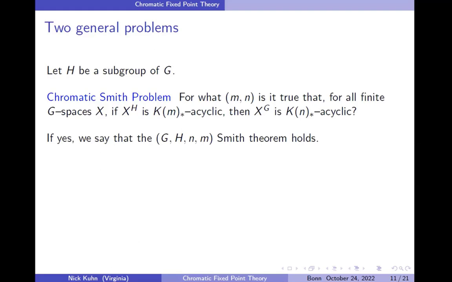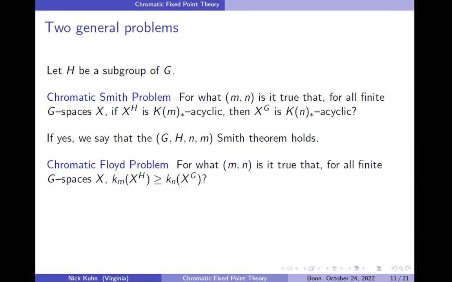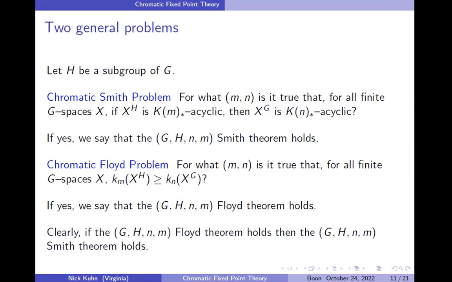So if you have an m and an n and a G and an H, for which this is all holding, we'll say the Smith theorem holds. And then the same thing with the Floyd thing. When is it true that for all G spaces X, the dimension of the nth Morava K-theory of the H fixed points is greater than or equal to the dimension of the nth Morava K-theory of the G fixed points? A little crazy. And again, we say the Floyd theorem holds.